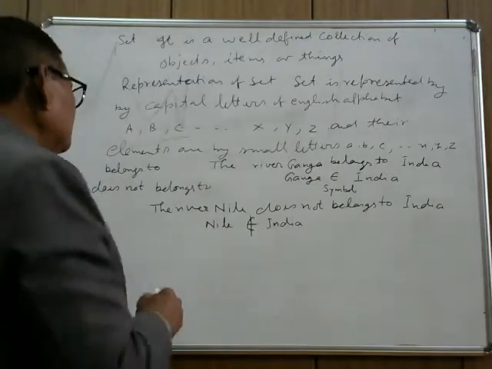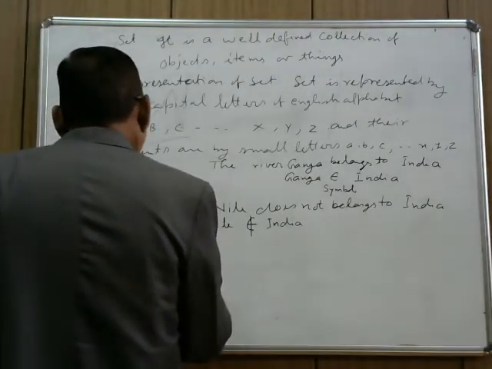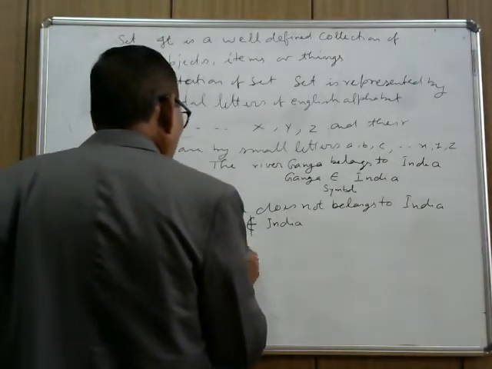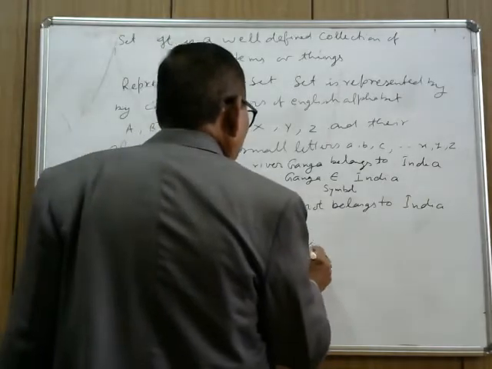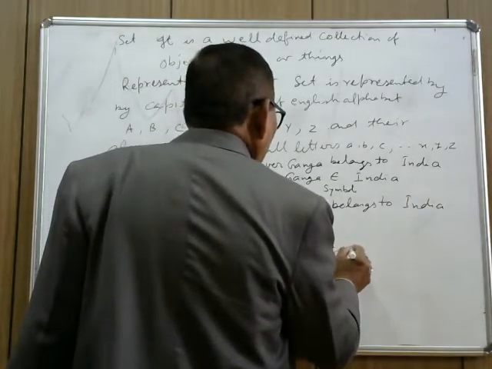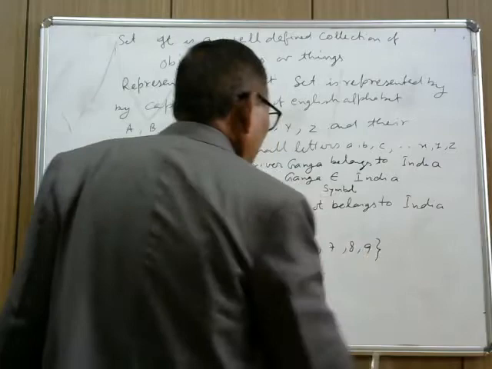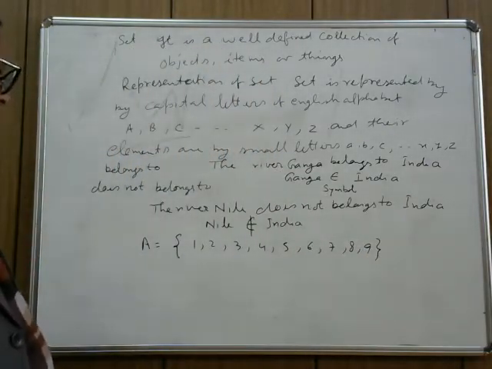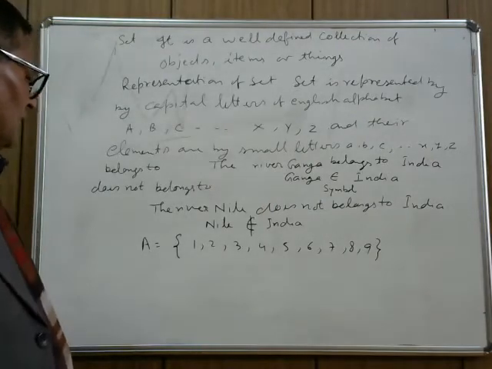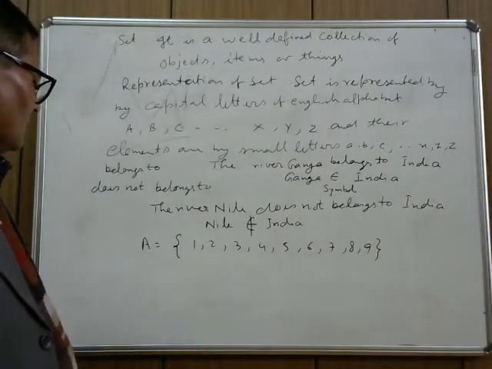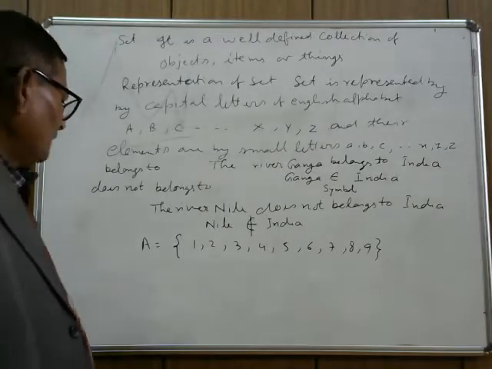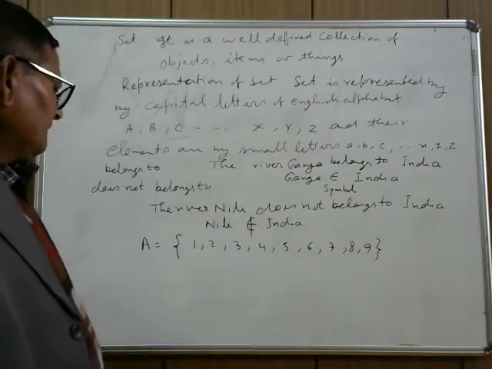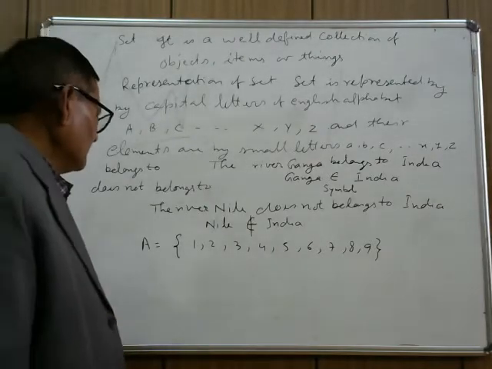So, when I write the set of natural numbers less than 10 as set A: 1, 2, 3, 4, 5, 6, 7, 8, 9. This collection of natural numbers less than 10 is a set, and we write the elements of the set in a row separated by commas like this.